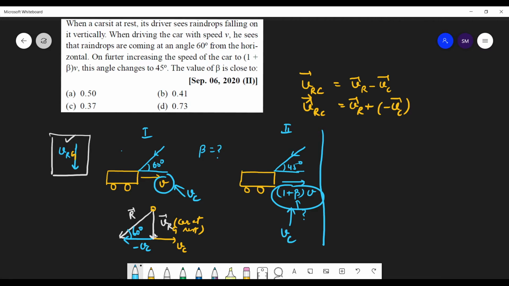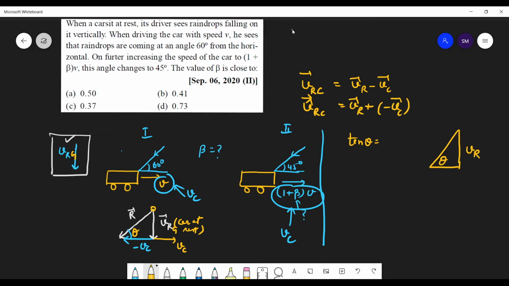This theta is changing in both the cases. So tan theta is what? This is theta, and that's the magnitude of velocity of rain when we are dealing with trigonometry.